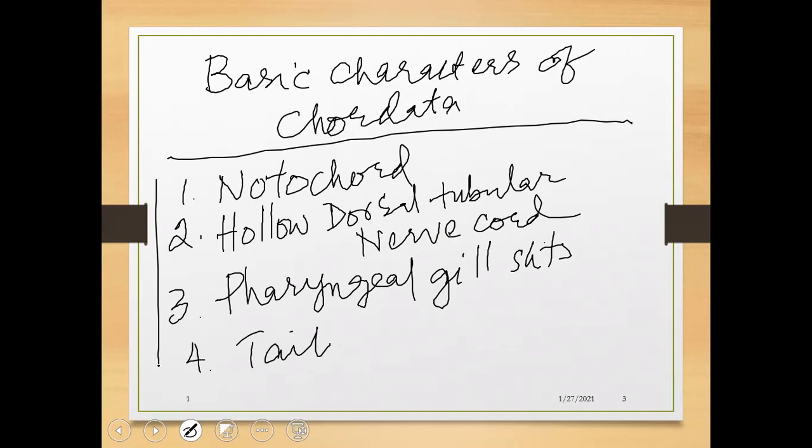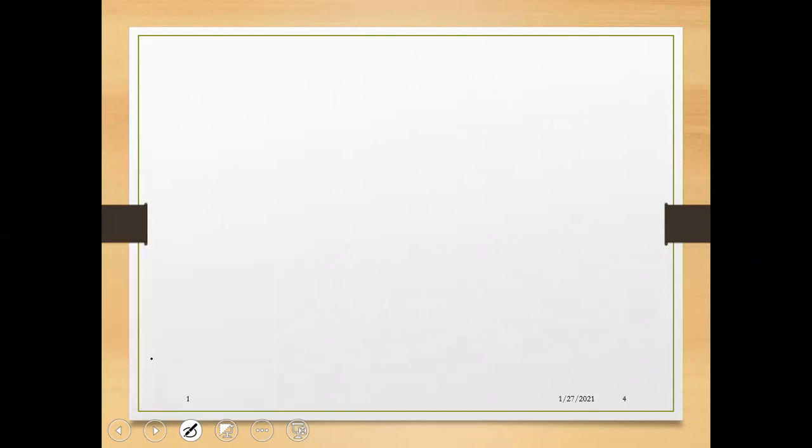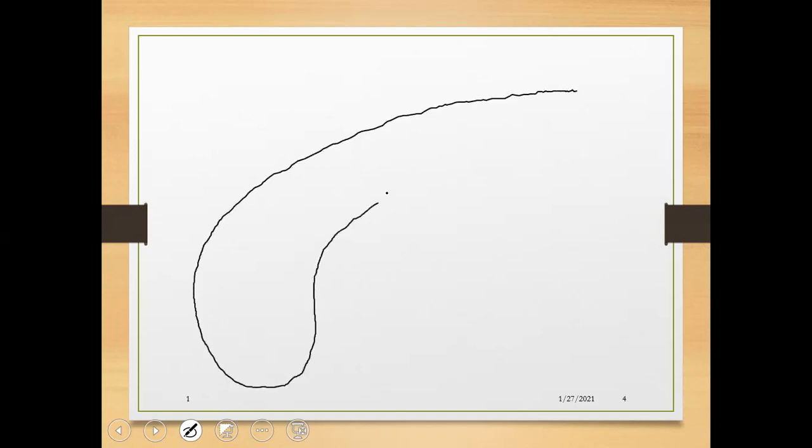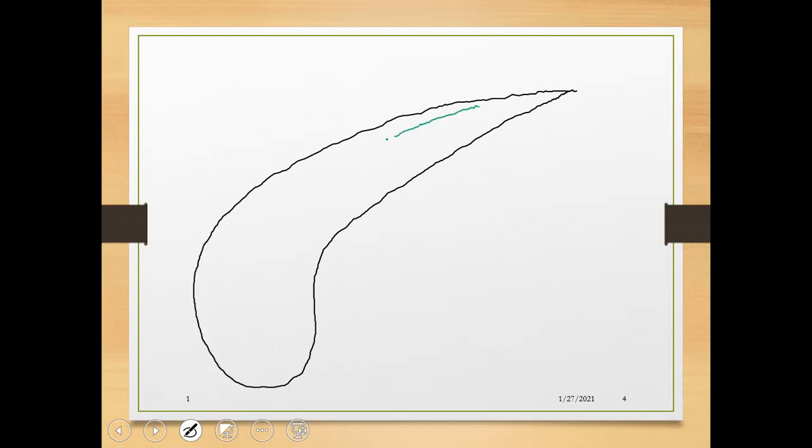Here we are showing the embryo of a chordate. For example, this embryo possesses a hollow dorsal tubular nerve cord on the dorsal side.